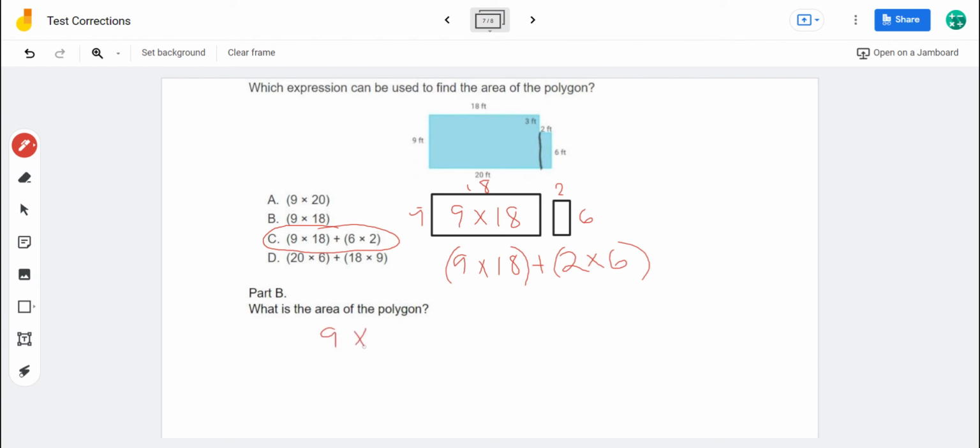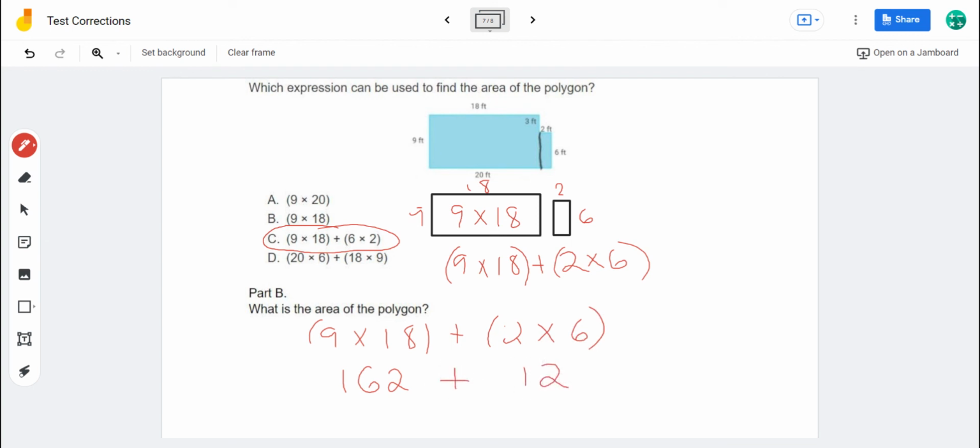So on one side, I'm going to do 9 times 18, which I believe should be 162. On the other side, you're supposed to do 2 times 6, which is 12.